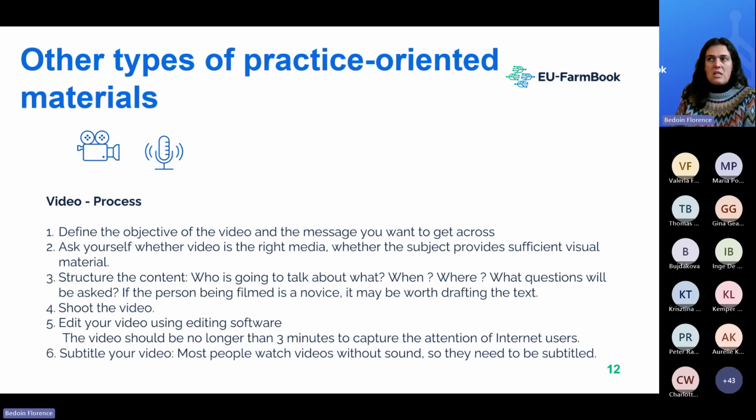Usually 3 minutes is good and not more than that. Many people watch videos without sound, so it's quite nice if you can subtitle it. And also if you can make small chapters so you can jump from one part of the video to another.